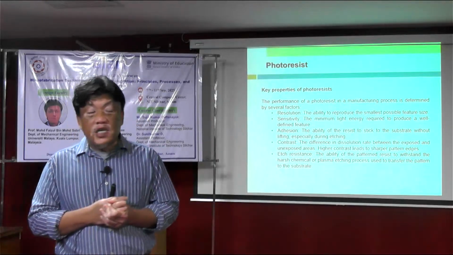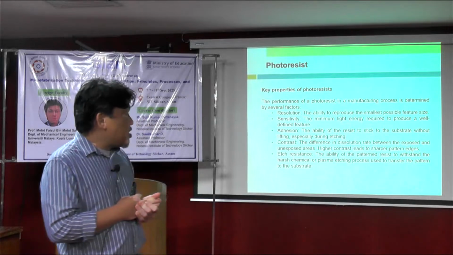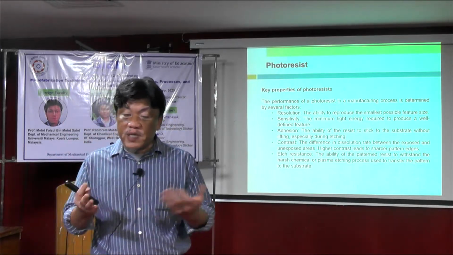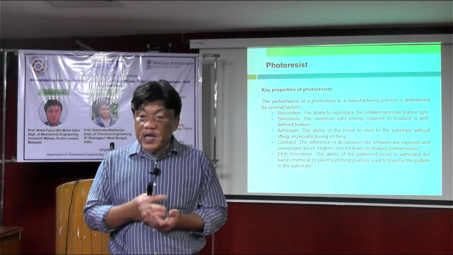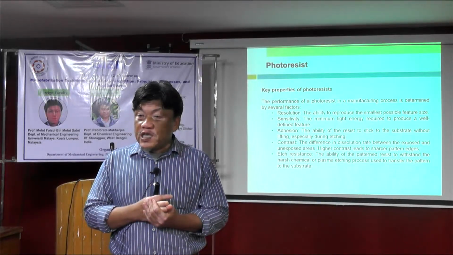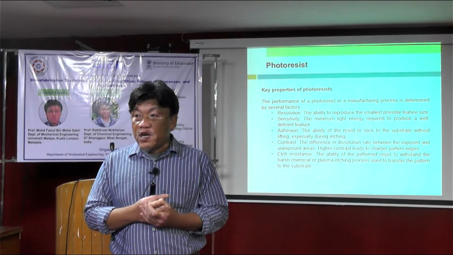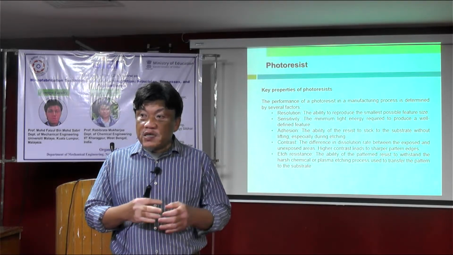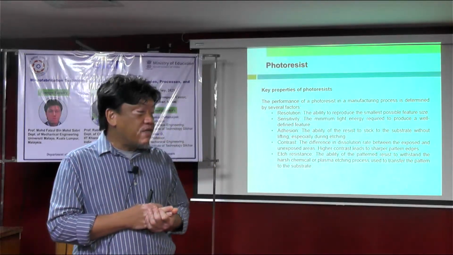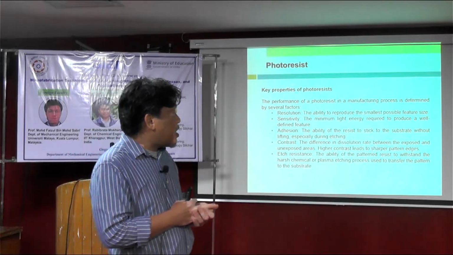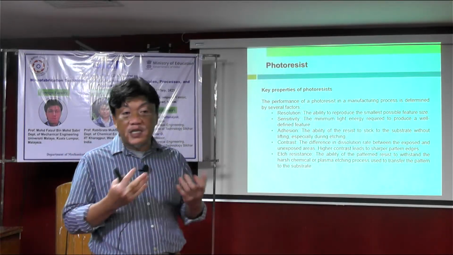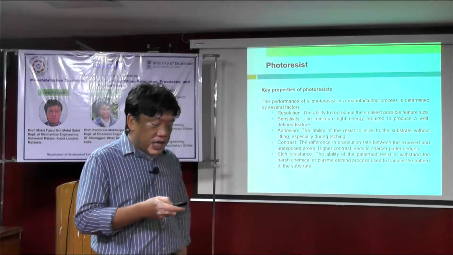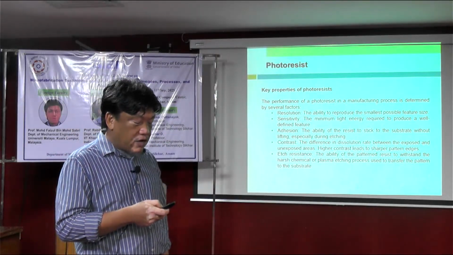So if the etch resistance is not good, then after just a few minutes, for example, the photoresist will be removed. So you will not be able to make a pattern accordingly. But of course, there are a few types of photoresist that have been tested to work to a certain extent with some chemical or some process that can be used accordingly.